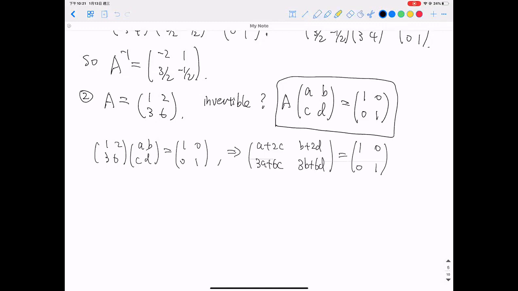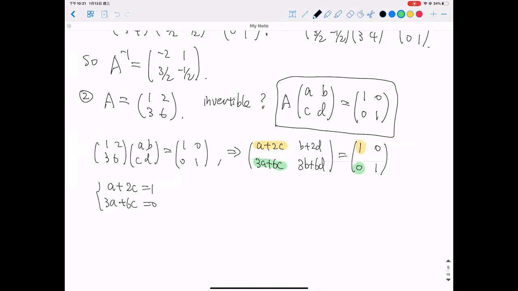Okay, now for this equation to hold, you need A plus 2C to equal 1, and you need 3A plus 6C to equal 0.